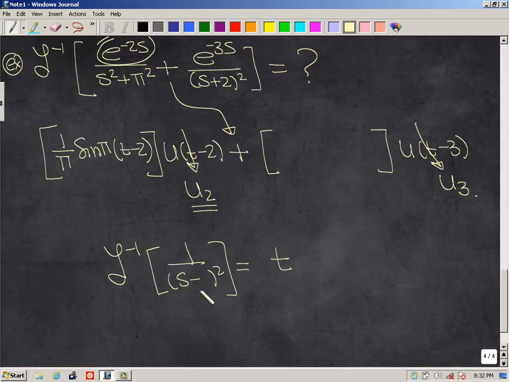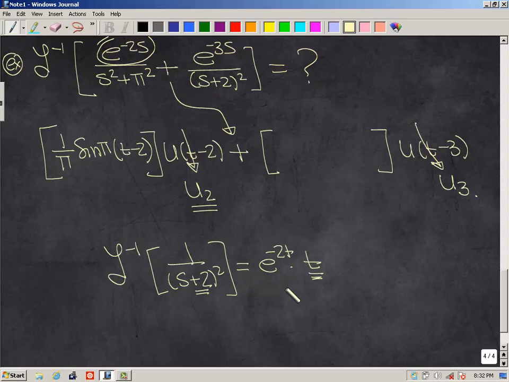But because of the 2, it's going to be an exponential, e to the negative 2t. So let me write that down: e to the negative 2t times t, because that's what the plus 2 does. It shifts the Laplace of this guy. That's called the first shift theorem, if you recall.